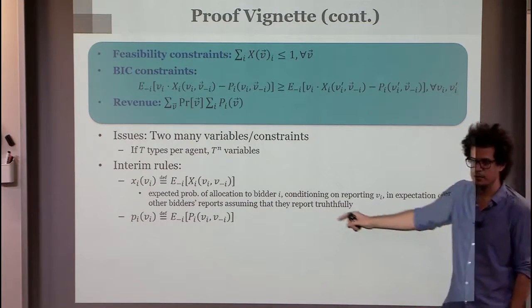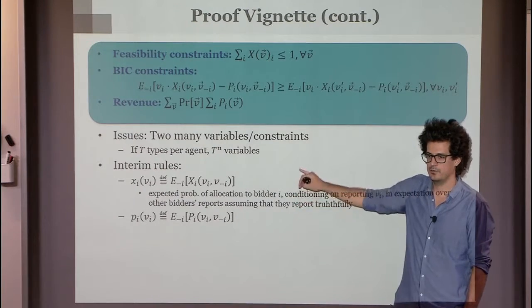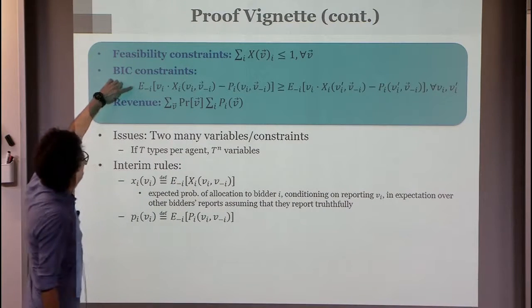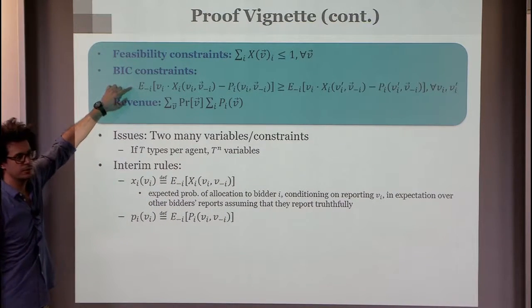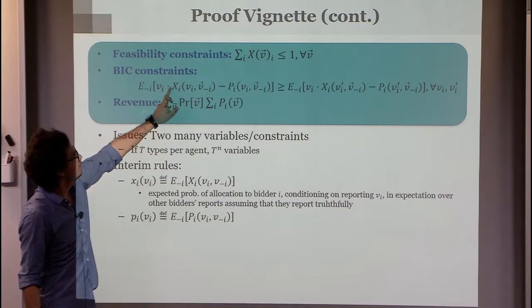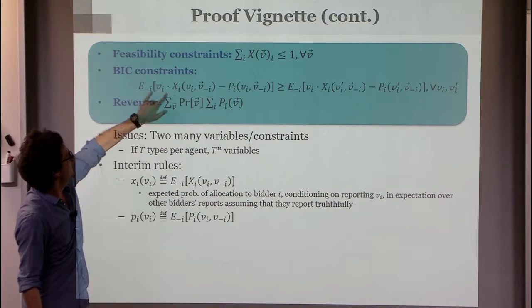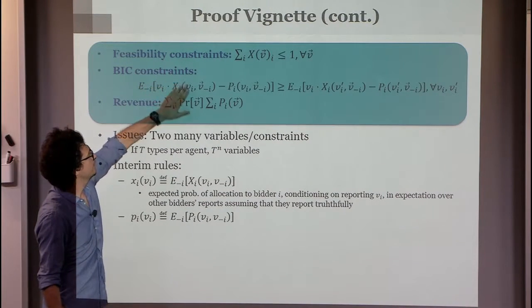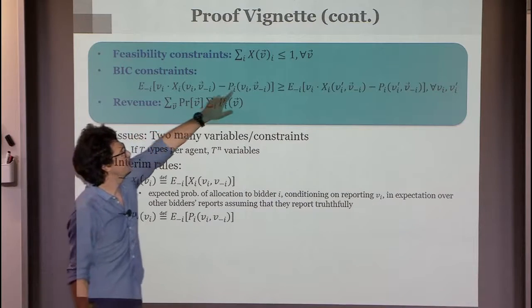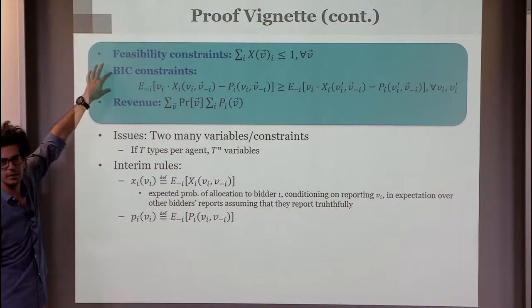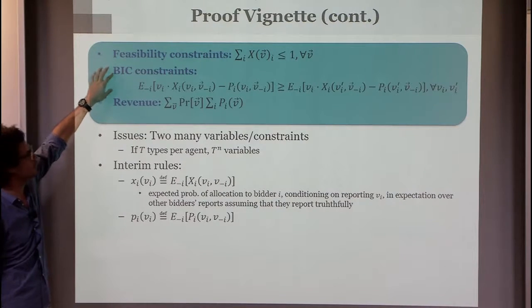Now, the motivation for this definition is that if we look at the second constraint, the Bayesian incentive compatibility constraint, and take expectation through, we really recover the interim rule here. So if this expectation goes through here, I'll get the interim rule over here and the interim price over here. So this constraint really only cares about interim allocations and not ex post allocations, which are here.